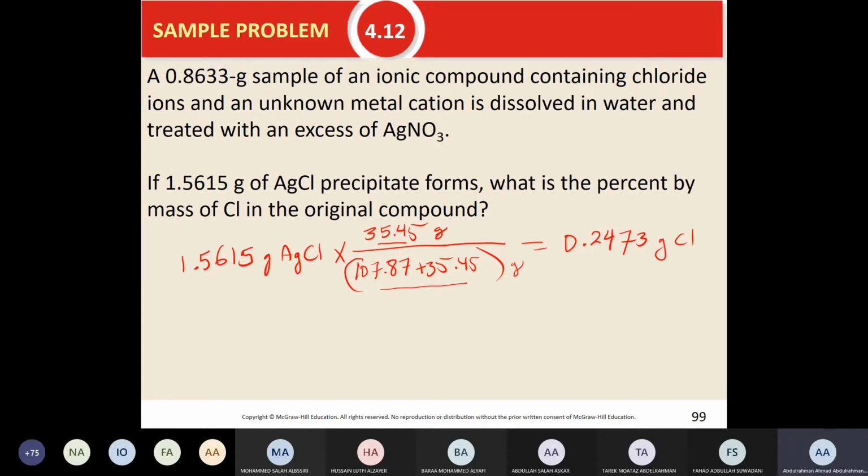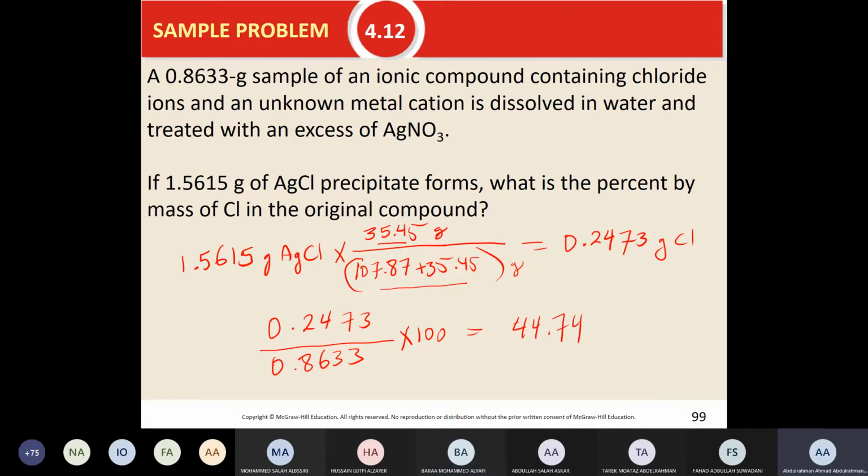Now the next step is just to write 0.2473 divided by 0.8633 times 100, and the answer should be 44.74.